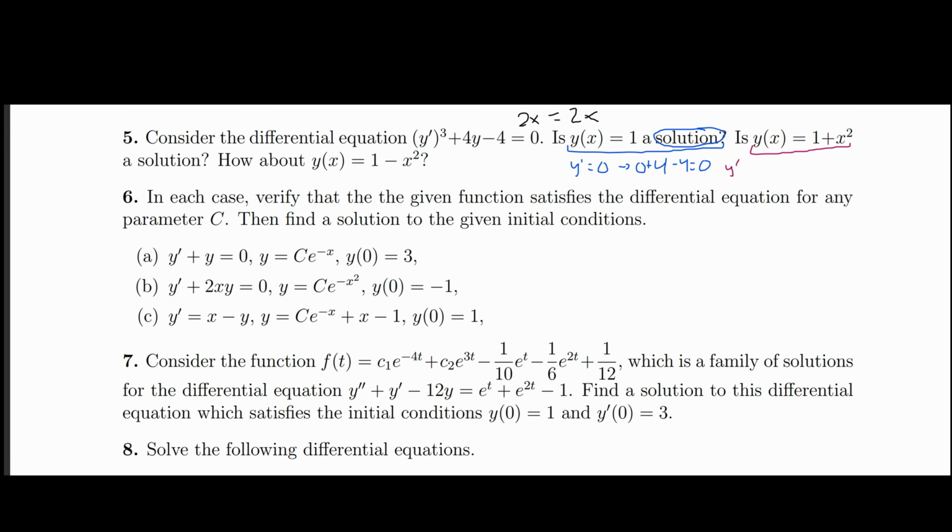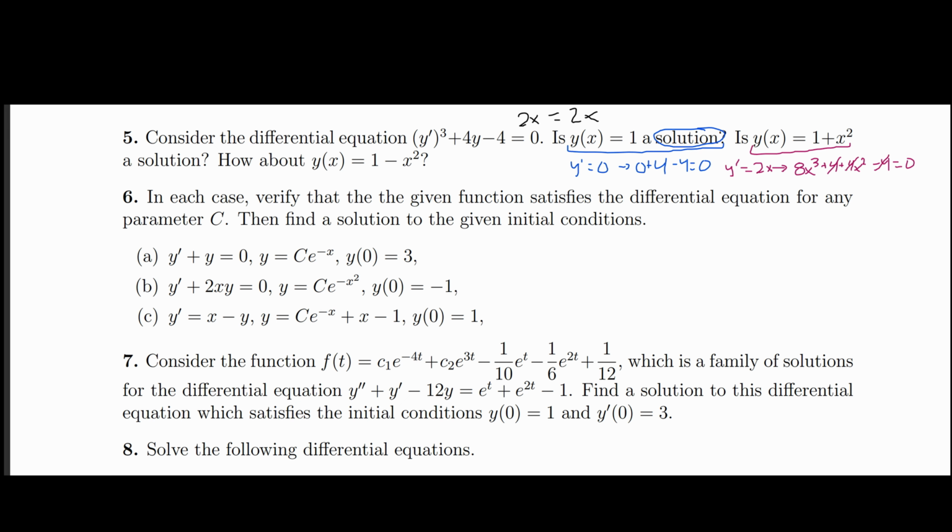We are going to take the derivative of this. Seeing that it is 2x, we can plug this back into the original equation, which will yield us 8x cubed plus 4 plus 4x squared minus 4 set equal to 0. We can cancel these 4's out just like this.